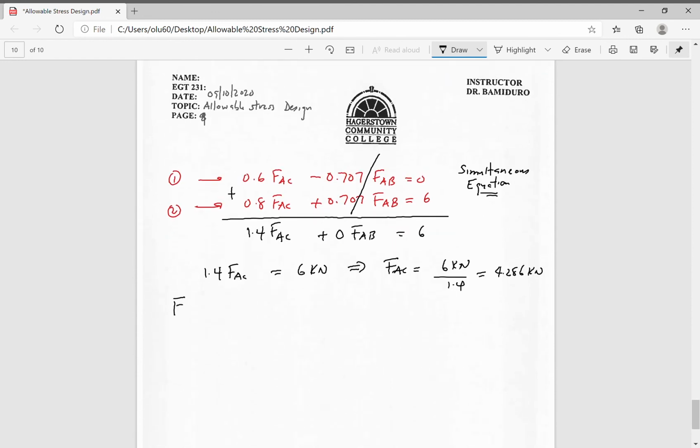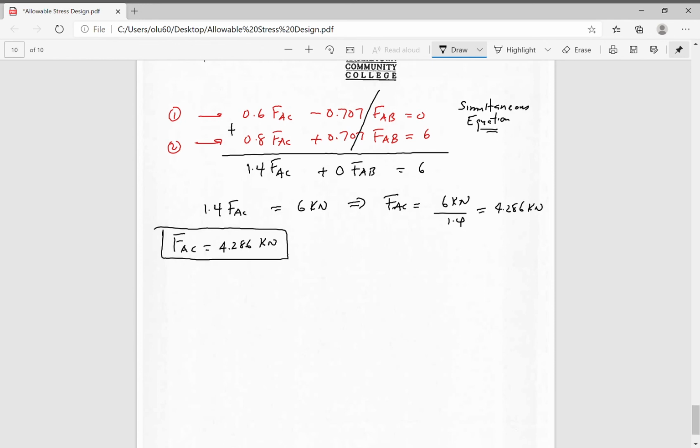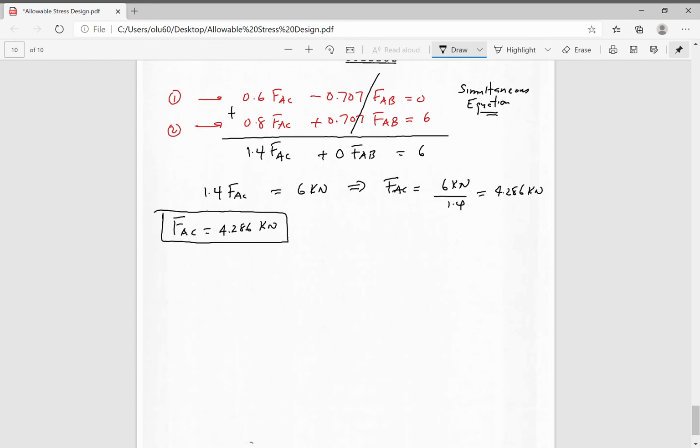So my FAC happens to be 4.286 kilonewtons. Once I found that, I can now find FAB by going to equation 1 and plugging in what I found for FAC. When you do the math, you're going to get 3.637 kilonewtons equals force AB.